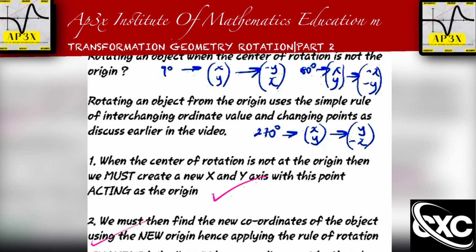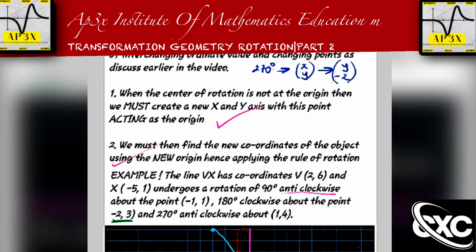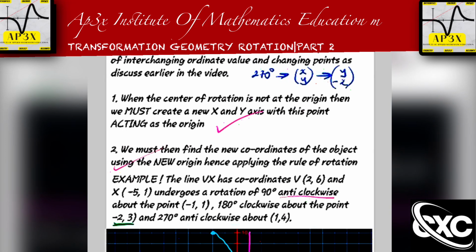Let us do a quick recap here. In this video, we were able to cover how to actually use the matrix equation mapping to find the center of rotation. And we also looked at a new way of finding the center of rotation using translation.